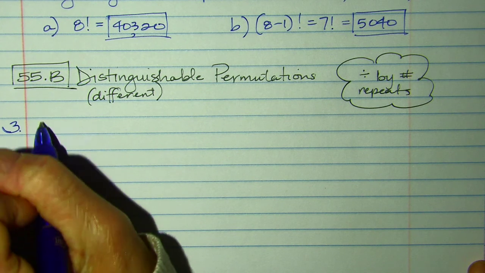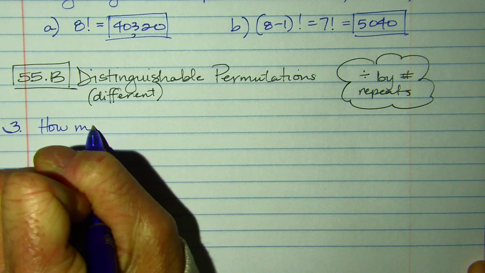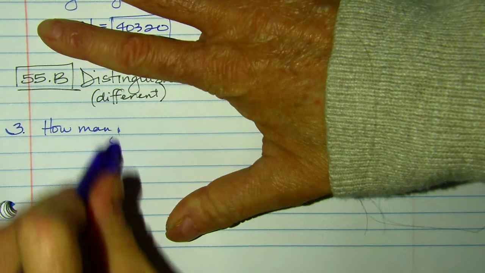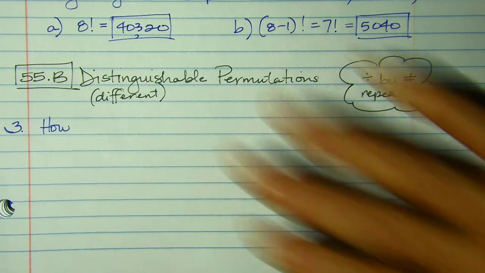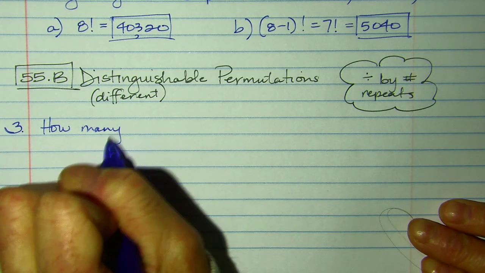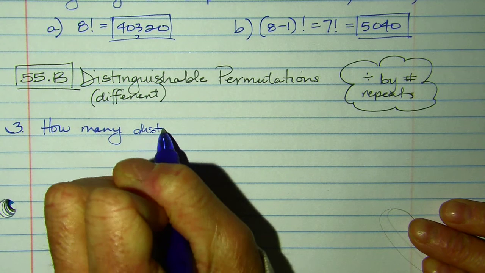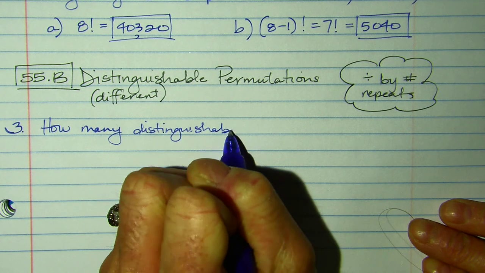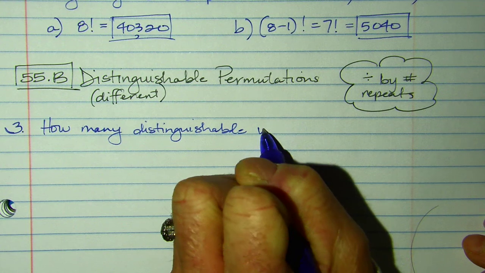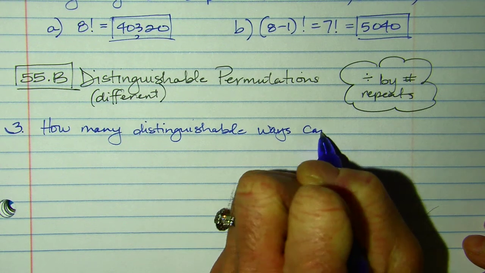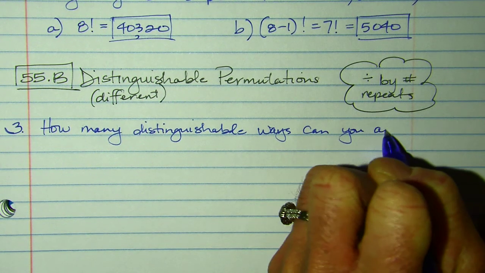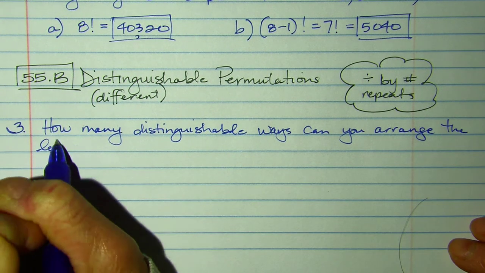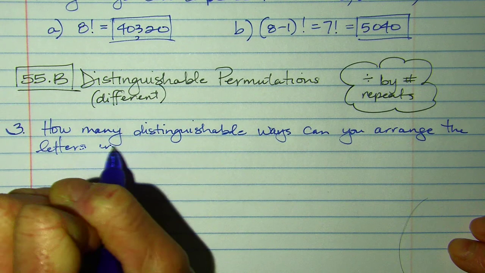So how many distinguishable ways can you arrange the letters in?